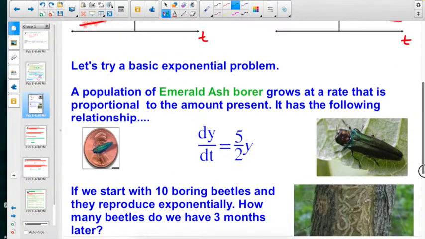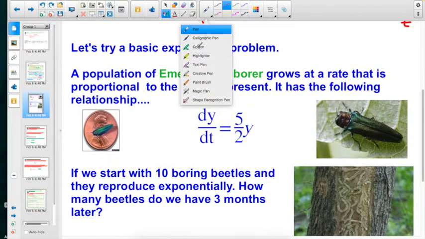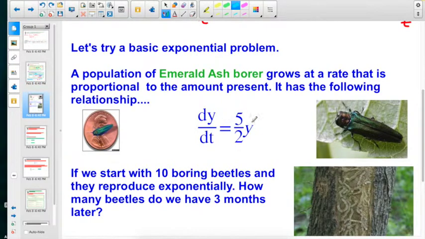So we're going to try this basic exponential problem here, having to do with the emerald ash borer. And the population of this beetle grows at a rate that is proportional to the amount present. So that is the wording you have to look for to know that you should be able to set up this differential expression.